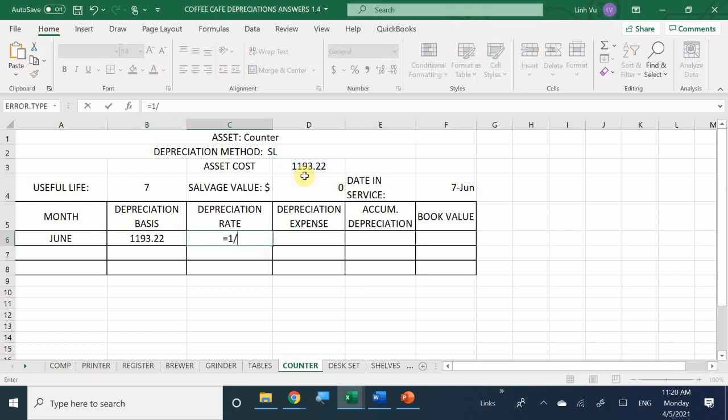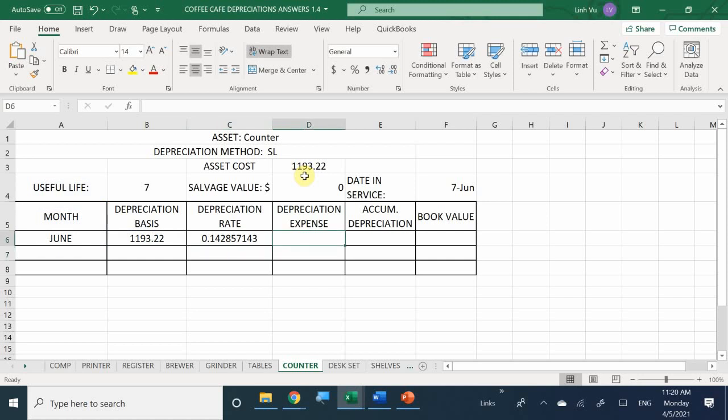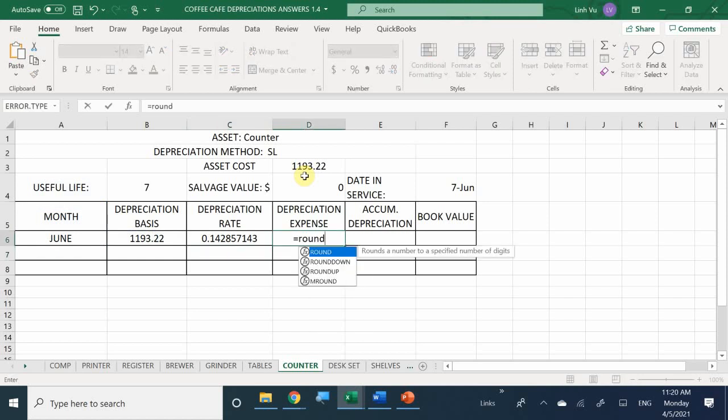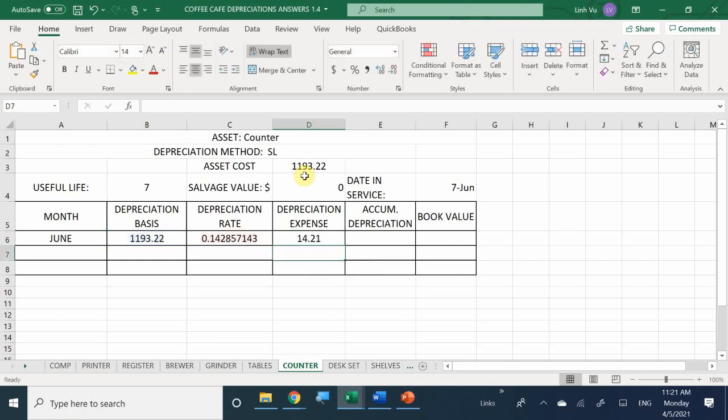My depreciation rate. So what is going to be my depreciation expense for the month of June? $14.21.